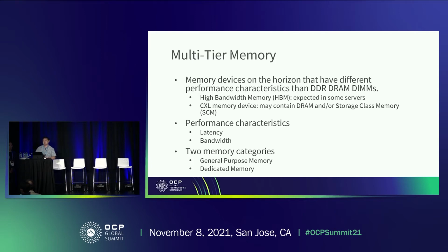As we look at this coming trend of memory devices with varying performance characteristics, the way we're viewing this is that realistically, we have two categories of memory. We have the general purpose memory that we have today, and then we have a new category of memory that we're using the term dedicated memory for.